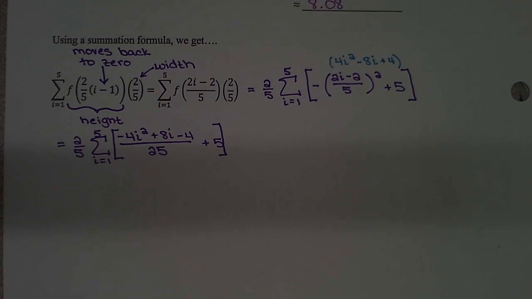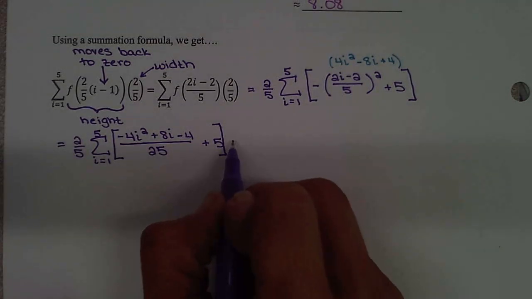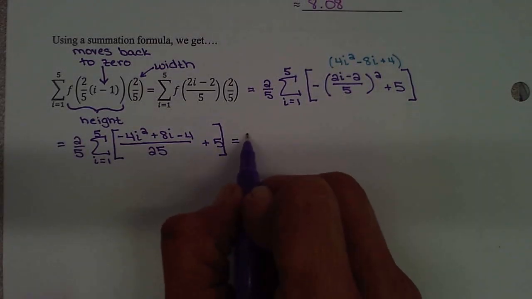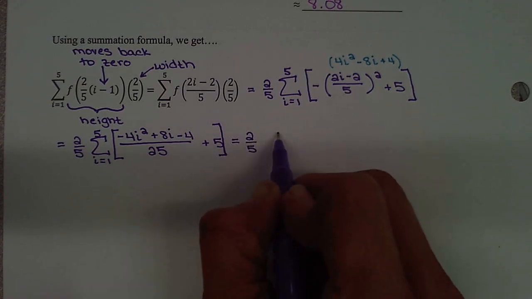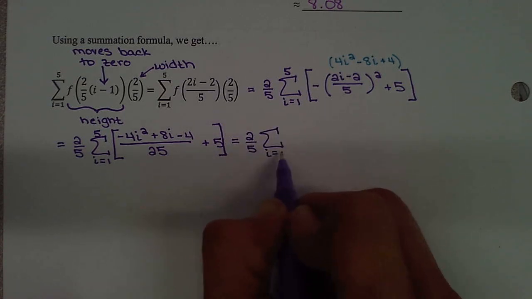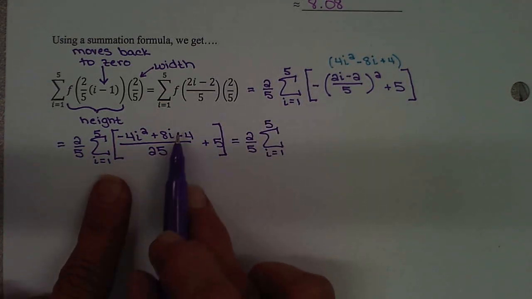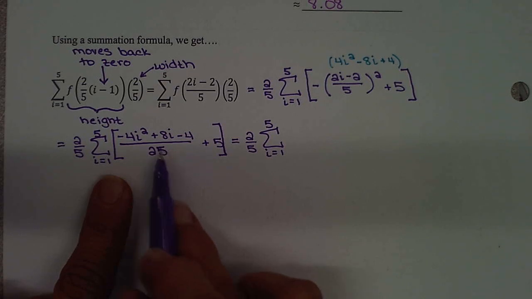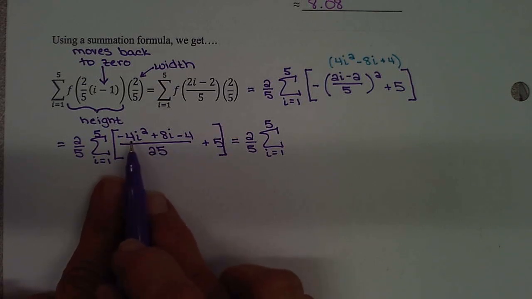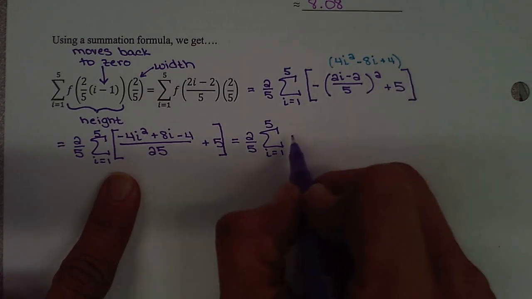And now I'm going to break all the little pieces apart so that I have fractions pulled separately away from my i's, so it's easier to do our substitutions. So I still have that 2/5. I still have the summation from i equals 1 to 5. Here, each one of these terms will divide by 25. This first one, I'm going to put the negative 4 over the 25 and then put the i squared.